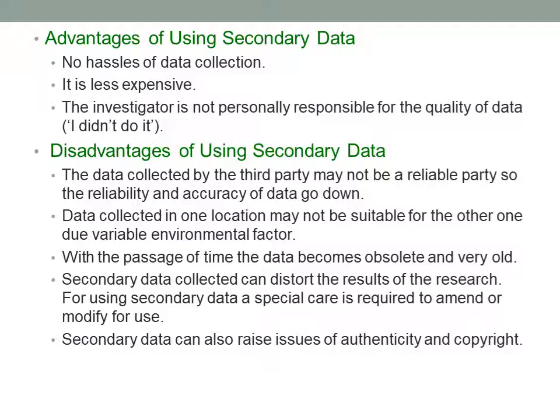You know all the conditions that you have taken. So the reliability of secondary data will always be lower than the primary ones. So when you make use of secondary data, the accuracy of your results will go down.